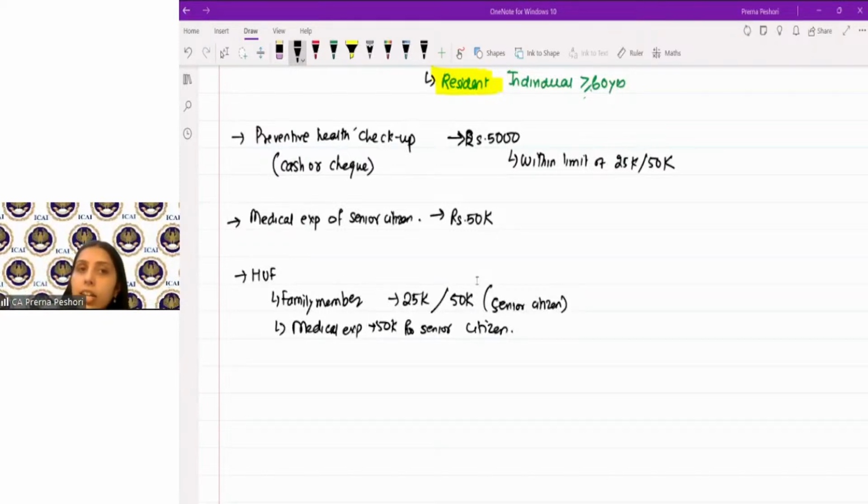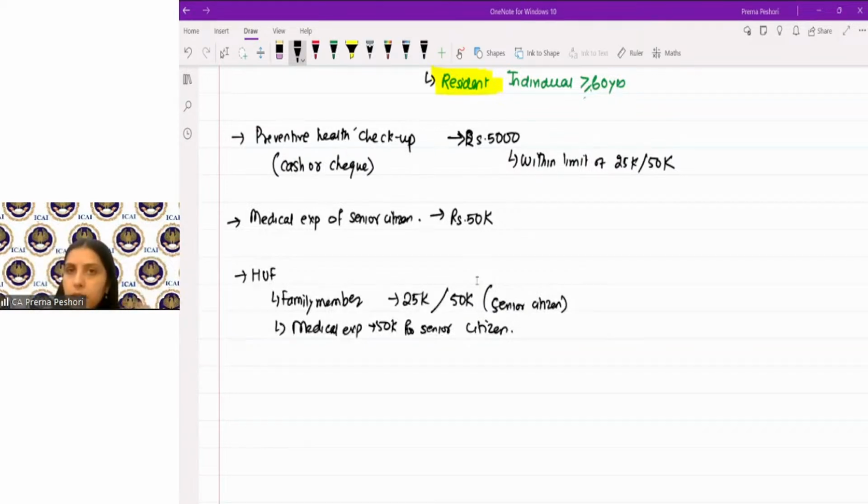And under 80D, you have the coverage of the dependent parents also, whereas under 80C, you did not have the coverage of the parents, right? There it was individual, spouse or any child, dependent or independent, anyone. Here you have the premium for self, spouse, dependent children, and the parents, whether dependent or not.